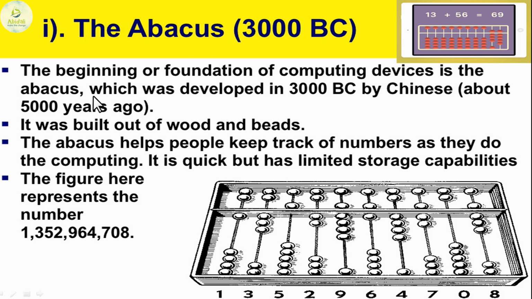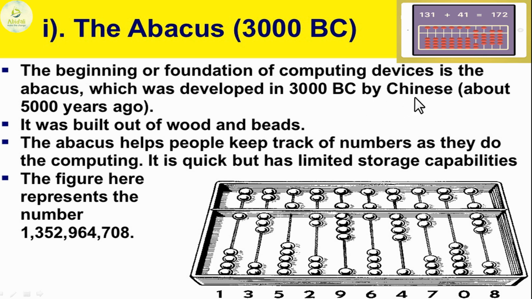That is the first computing device that has been created. So one mark question you can be asked in the final examination: name the first calculating or computing device used. What is that? Abacus.